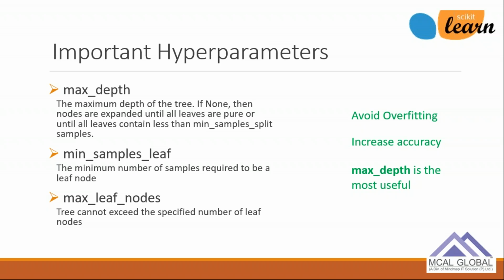While I go down, I keep on decreasing the number of data points in a particular node, and since I keep on decreasing them, I can reach a point where there is one data point. So I control that, and I say no, I don't want to go to that point. I just want to keep it till, let's say, 20, 30, or 35, something like that. Max leaf nodes means the tree cannot exceed the specified number of leaf nodes. So everything in essence is controlling the depth, the number of cuts.